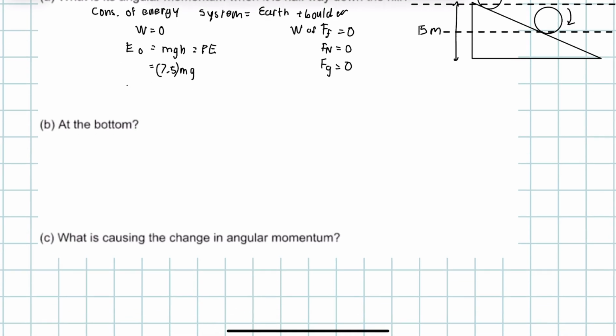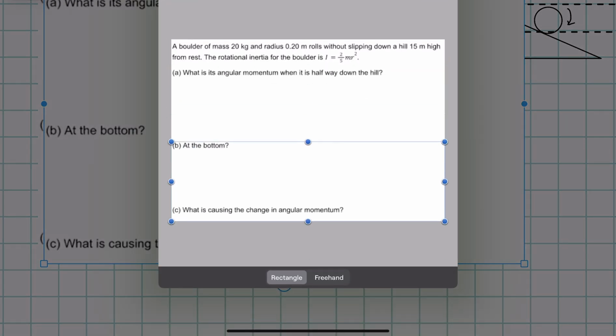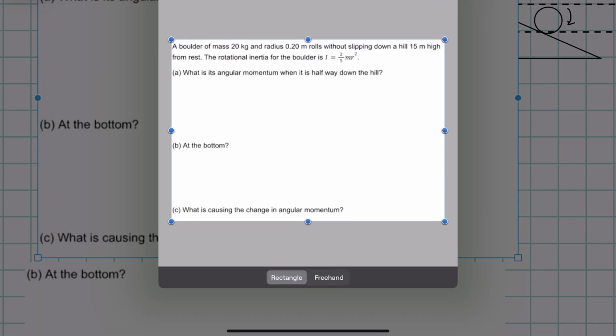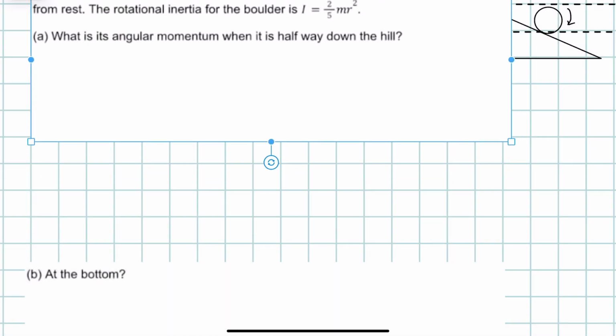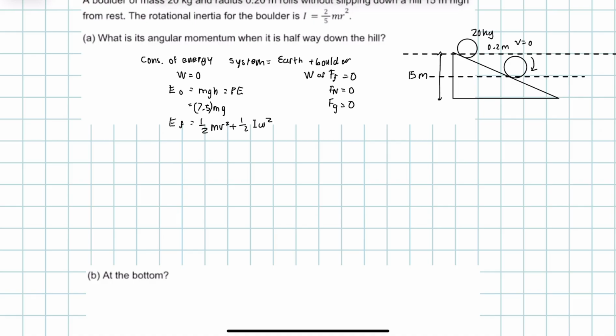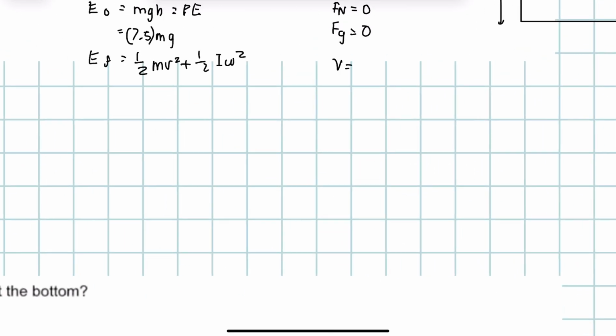Now, we know that the final energy is going to be equal to 1/2 mv squared plus 1/2 I omega squared. Let's make a little bit more room for this by moving this down. Our next step is that we know that v is equal to the radius times omega.